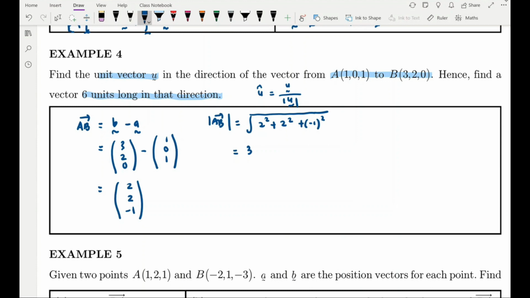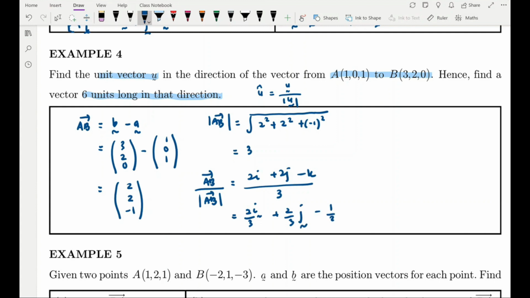The unit vector is vector AB divided by magnitude AB. So we get (2i + 2j - k) over 3. We simplify the equation and get 2/3 i + 2/3 j - 1/3 k.